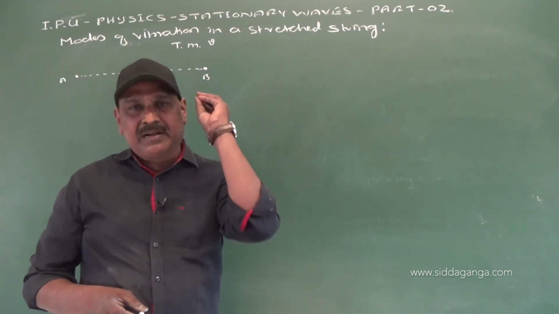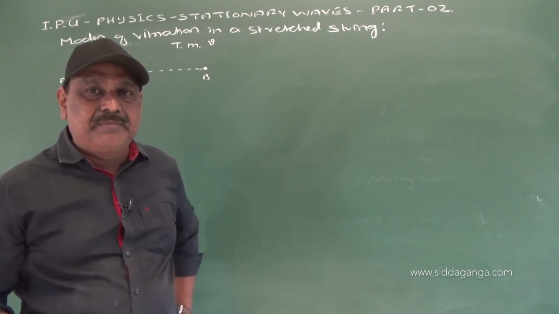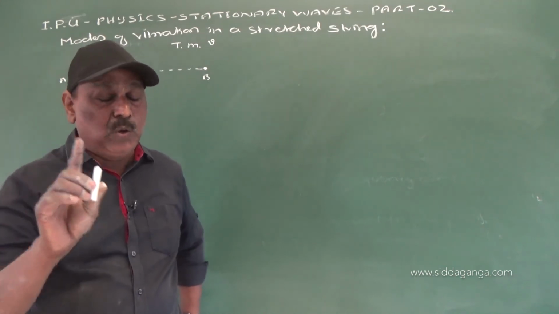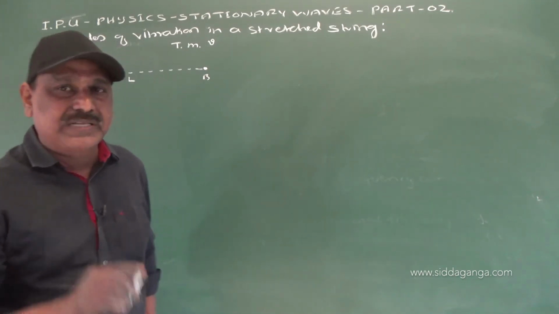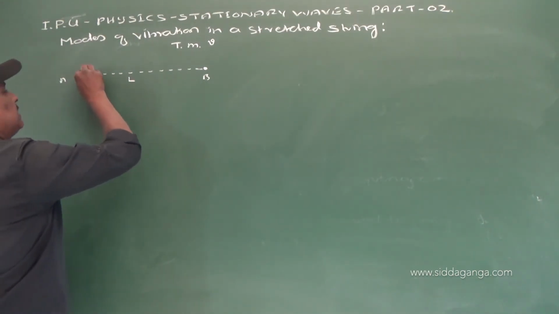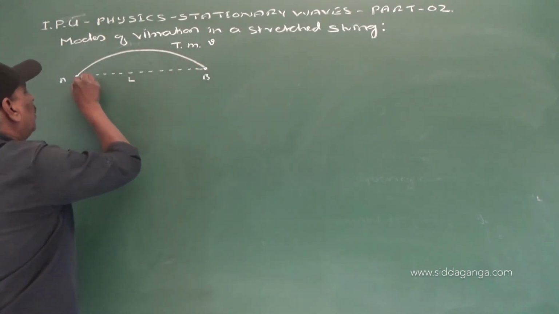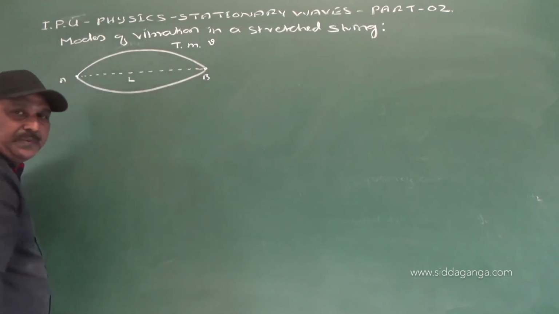So, in the fundamental mode of vibration, the string vibrates with the minimum possible number of nodes and antinodes. And since the two ends A and B are fixed, two nodes are always formed at the two ends.